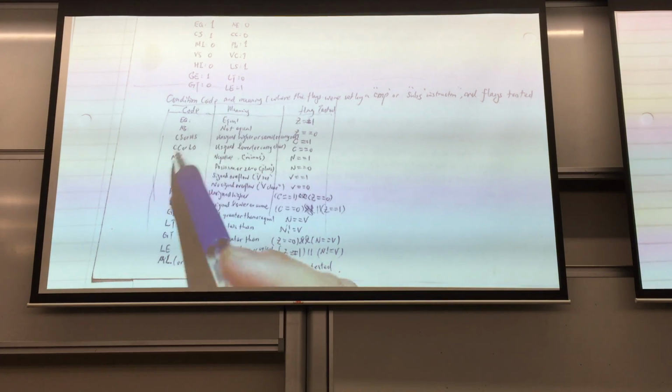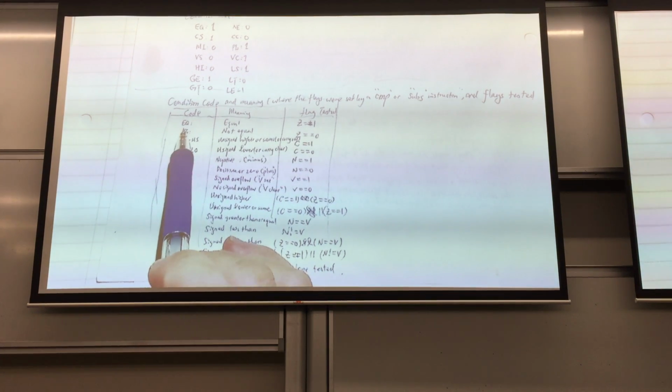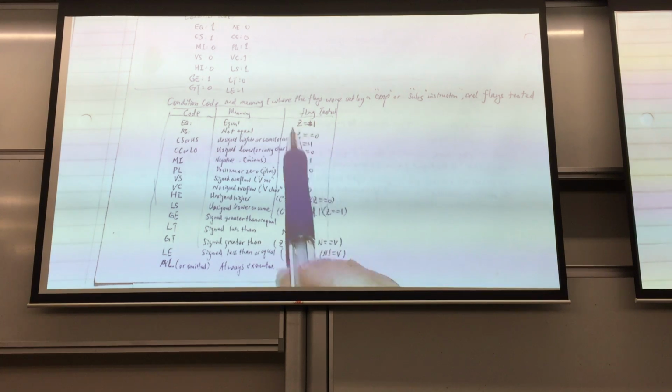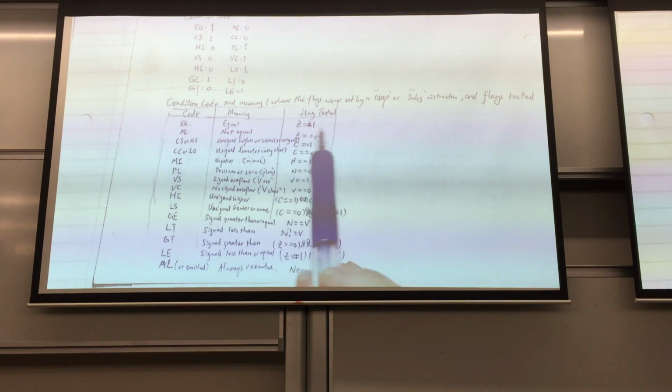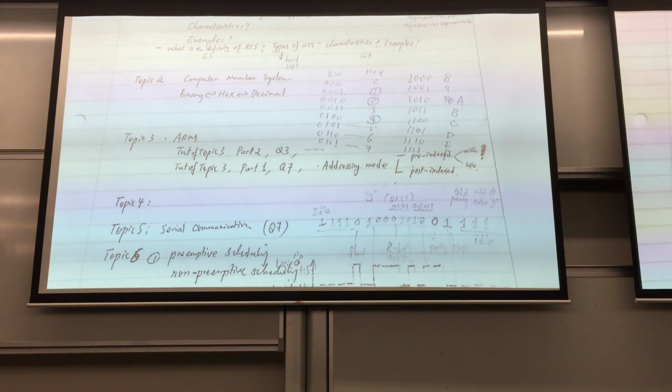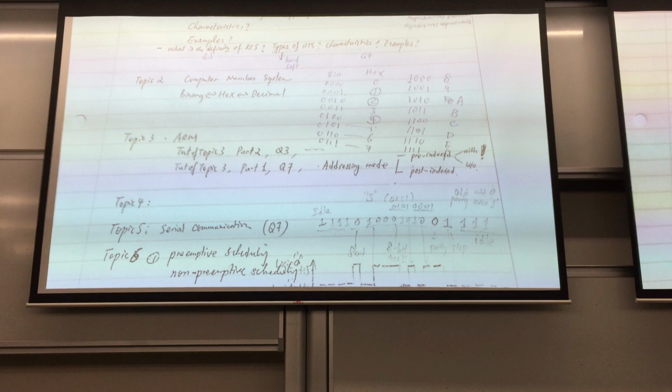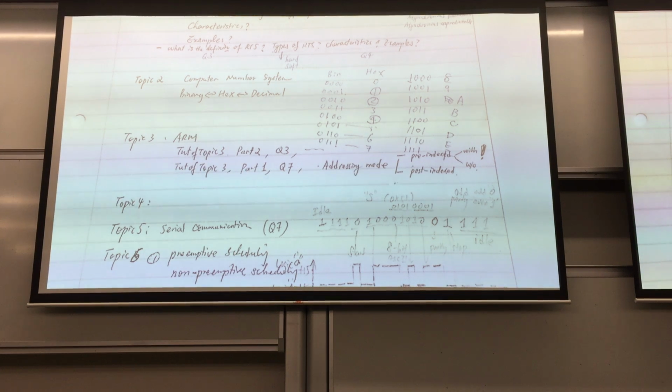What you need to know is to find EQ, and know that the Z bit will be checked. For this particular example, the result is not 0, so the Z bit is not set.